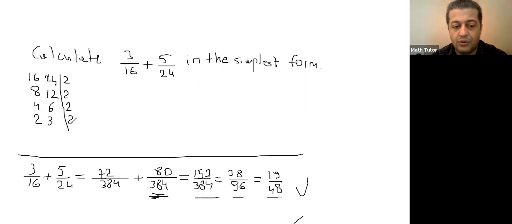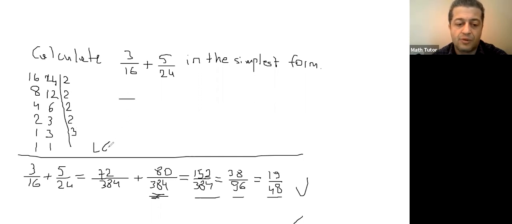Again by 2, and we have 1 and 3 here. And then you divided by 3 because 3 cannot be divided by 2 anymore. So we should continue with the next prime number, which is 3, and you obtained 1 and 1. Then you multiply these numbers. 2 times 2, 4. 4 times 2 is 8. 8 times 2 is 32. 32 times 3 is 96.